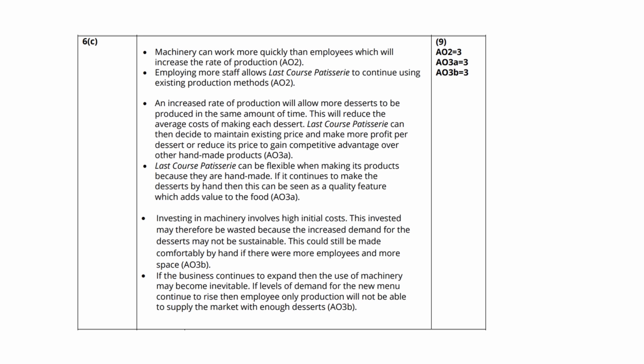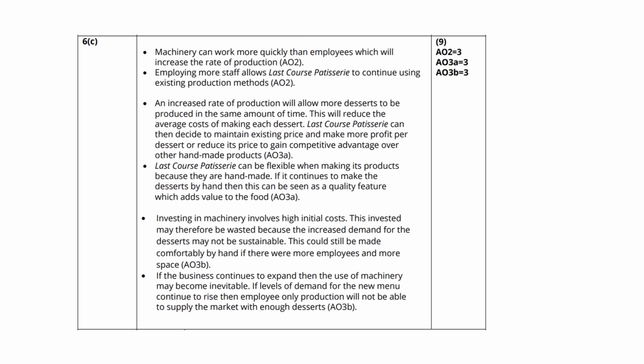An increased rate of production will allow more desserts to be produced in the same amount of time. This will reduce the average cost of making each dessert. Last Course Patisserie can then decide to maintain the existing price and make more profit per dessert, or reduce its price to gain competitive advantage over other handmade products.